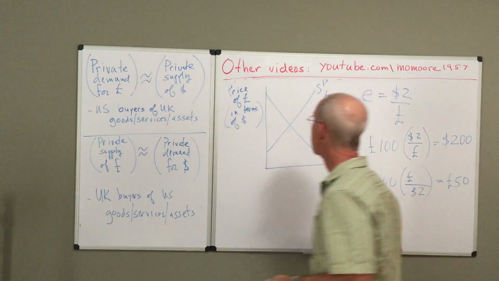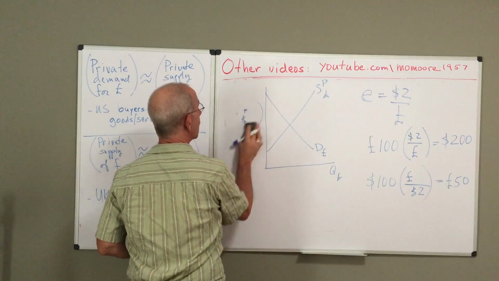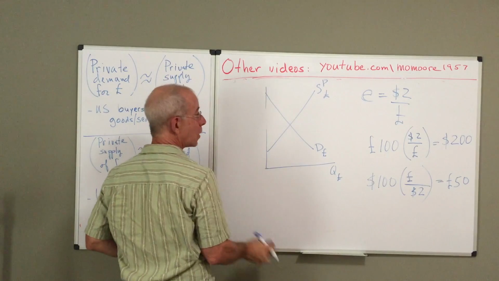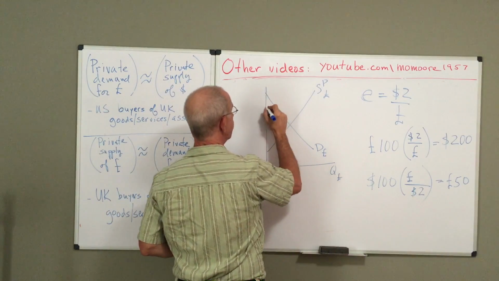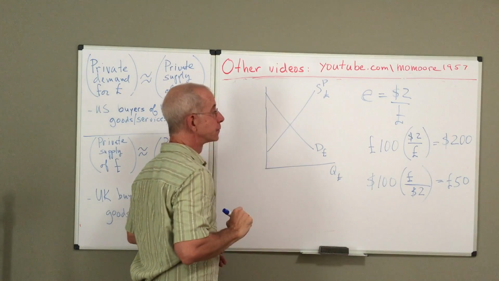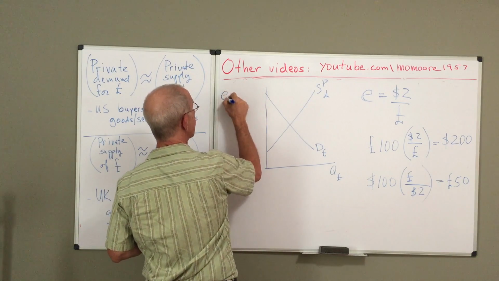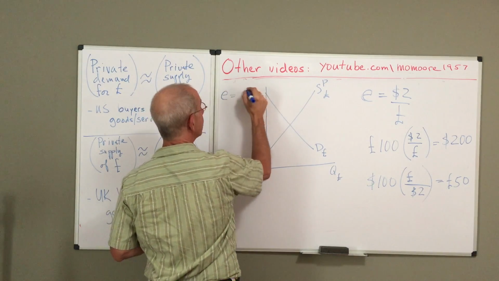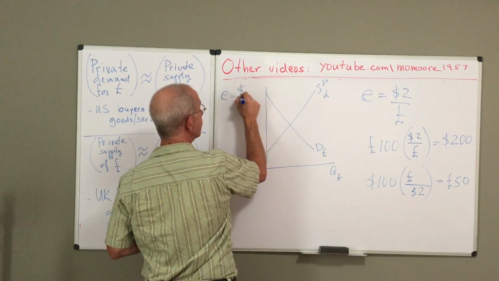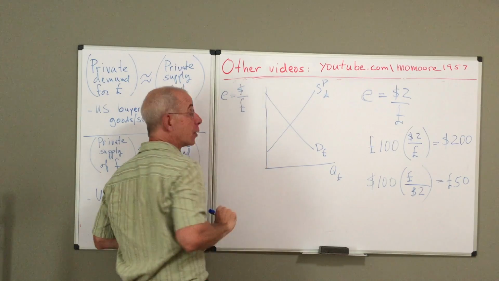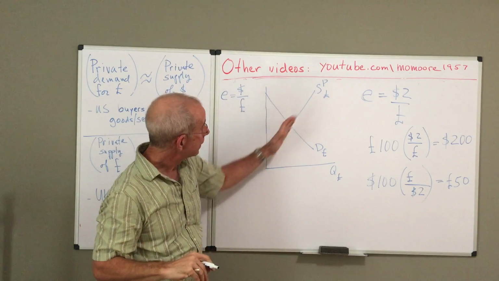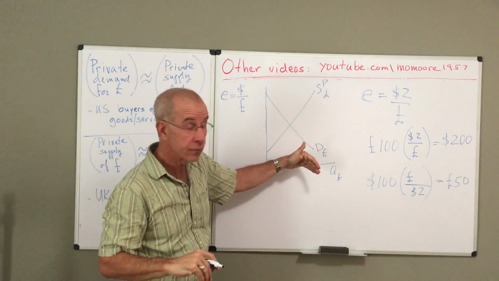Bottom line here is that when we depict this graphically, we're going to put E, the price of pounds. It's the number of dollars per pound, the intersection of the supply and demand curve.